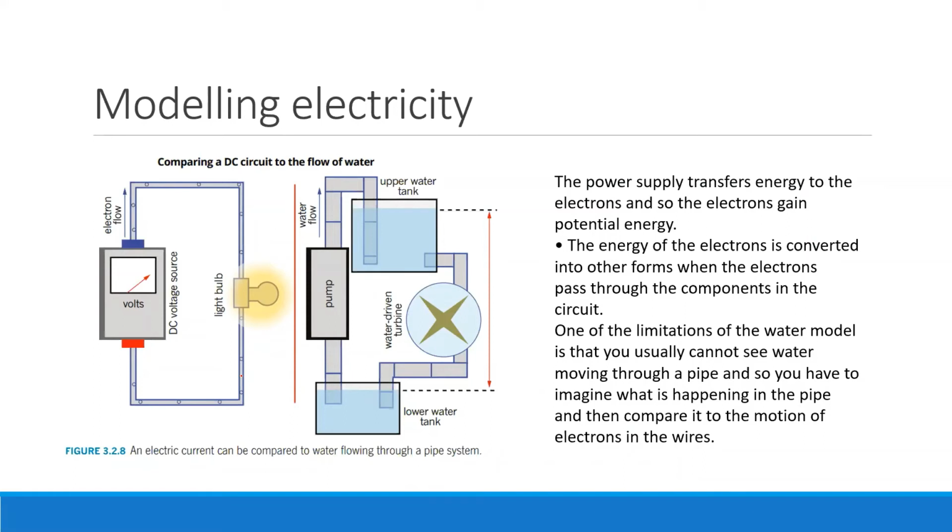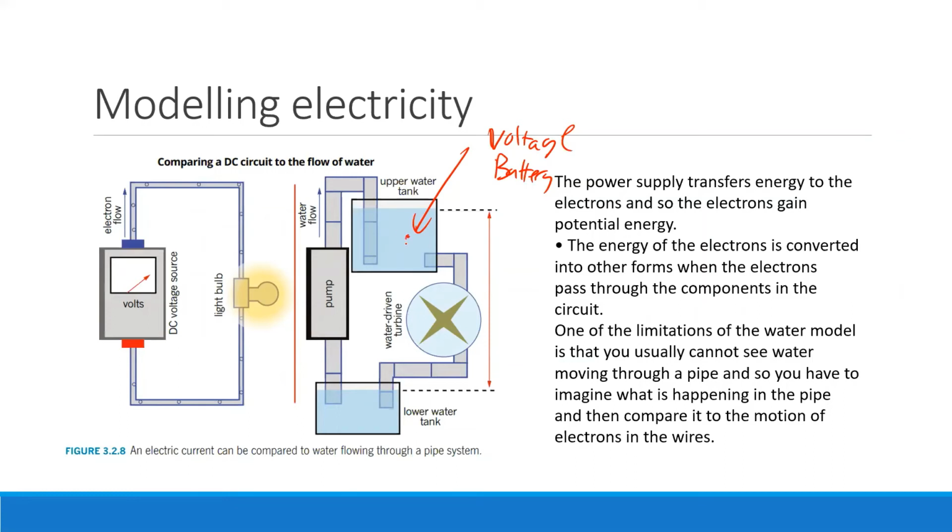So imagine the water in this tank up here is like our voltage. It's like our battery. The water in the top of this tank really wants to go down to the ground.